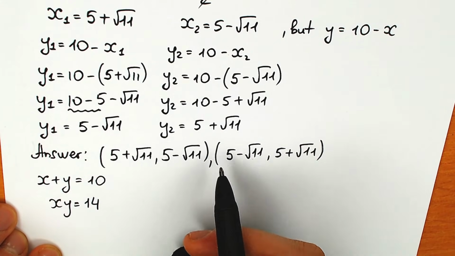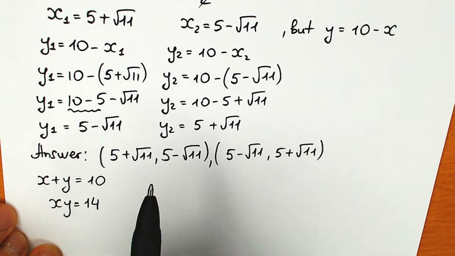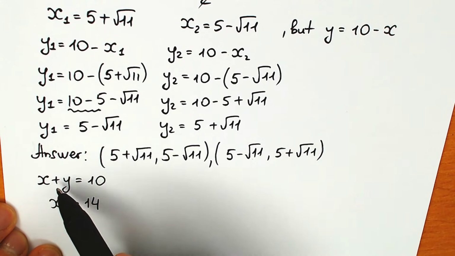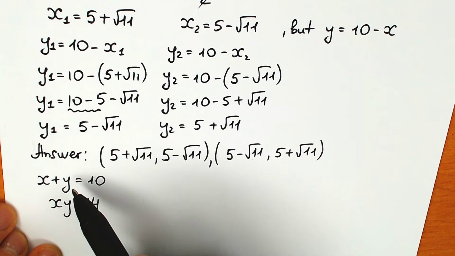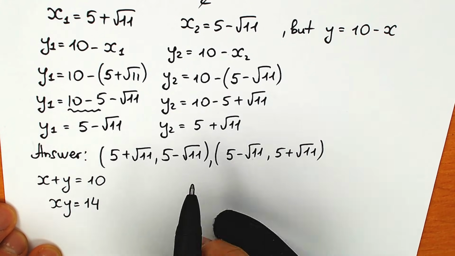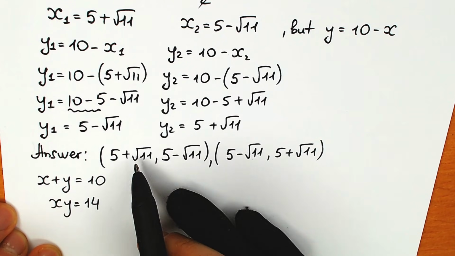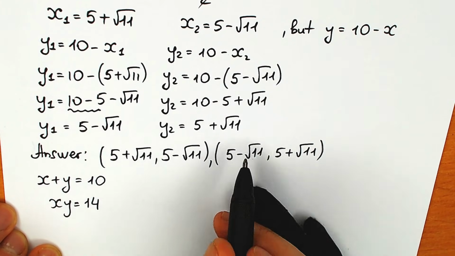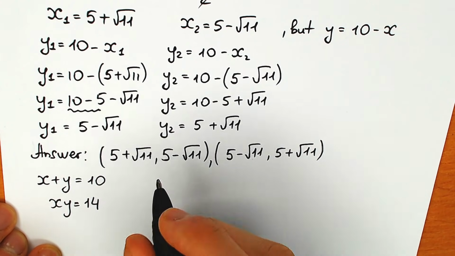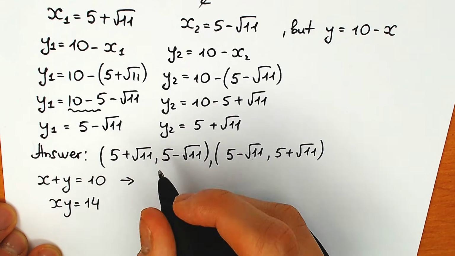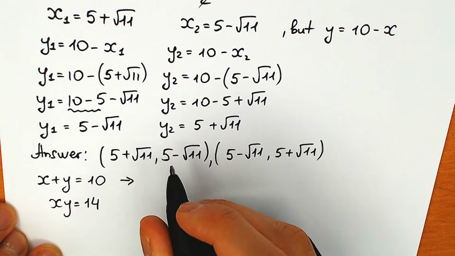X plus y is the same as y plus x. So we can easily choose, for example, this pair, and check it. We don't need to check the other one because this is symmetrical, and we will have absolutely the same answer.